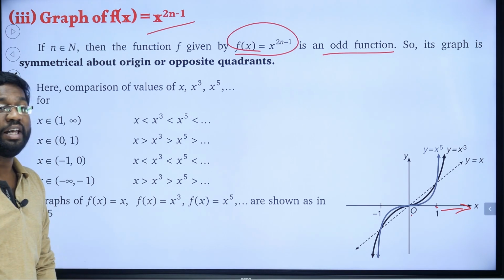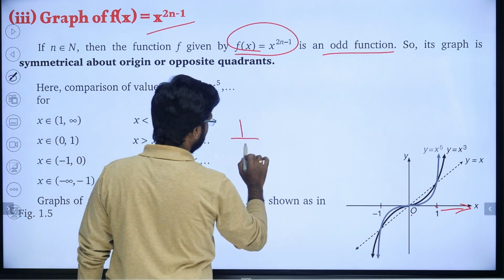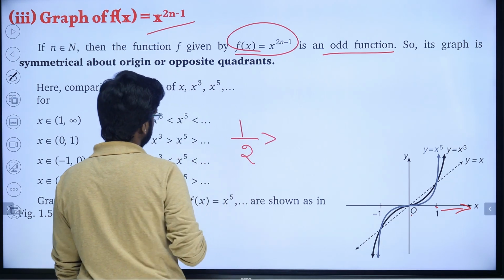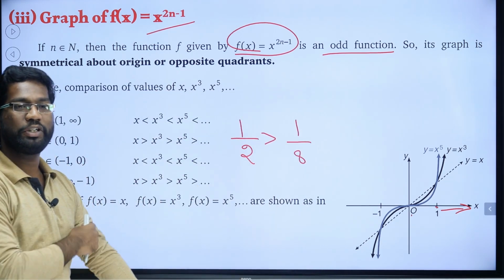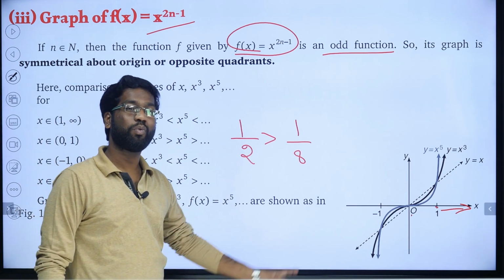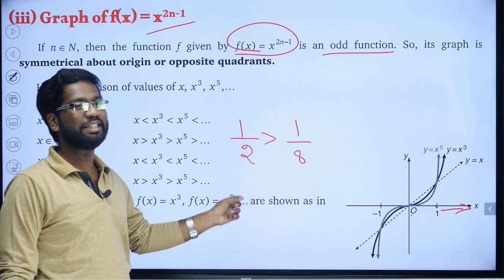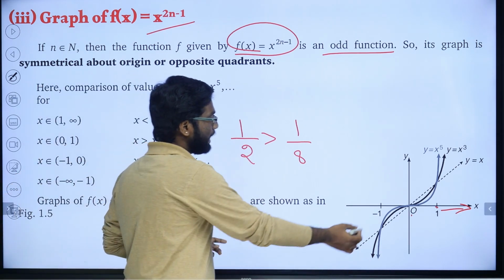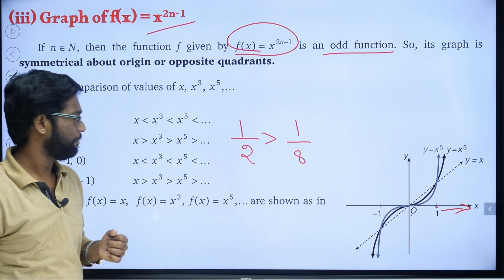As I said before, there will be rational values. 1 by 2 is greater, my dear students, compared to 1 by 8. Correct only, no? 1 by 2 is 0.5, but 1 by 8 is what, my dear students? Surely it is going to be less than 0.5. So only in this interval, x is going to be the highest value.